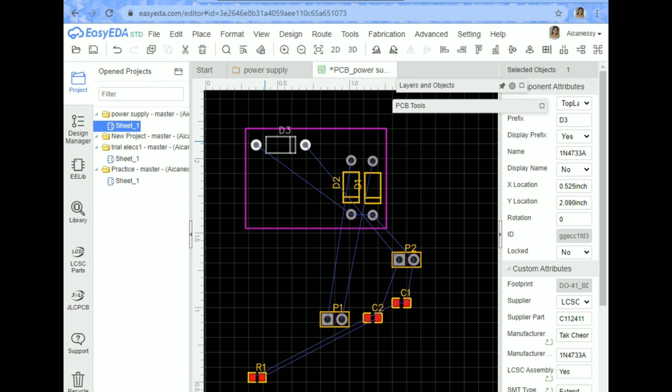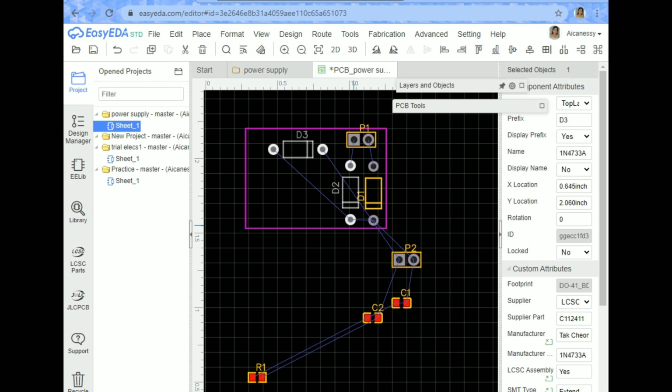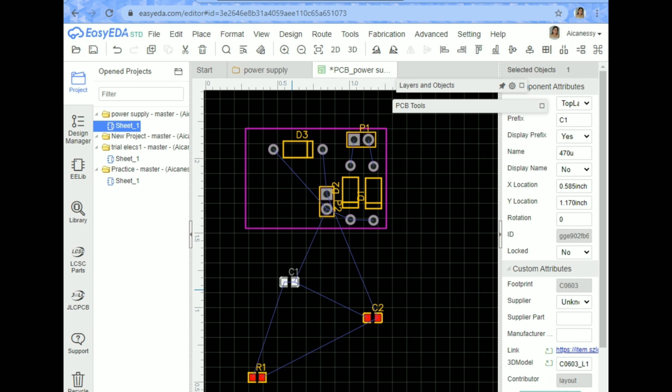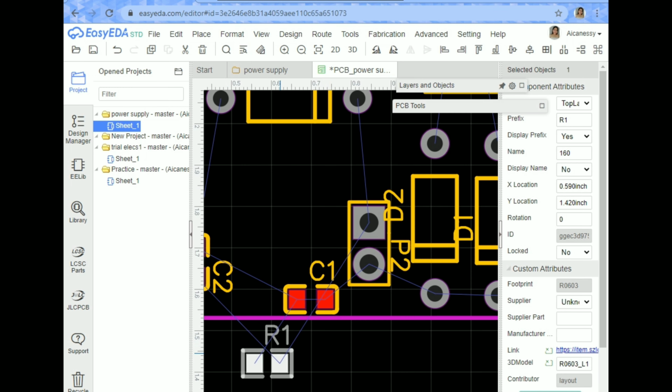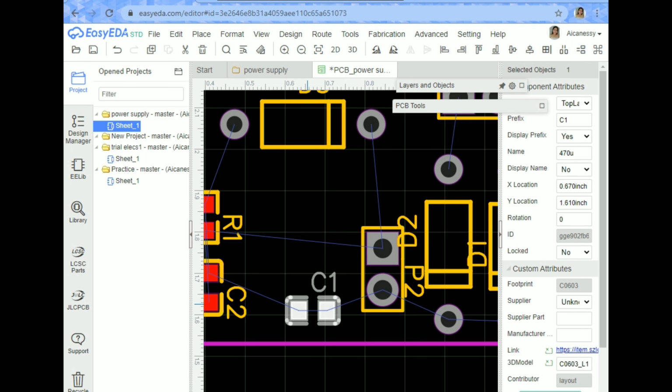In my PCB design, I use a small PCB because using a smaller PCB gives us advantages like being much lower in cost and saving space.